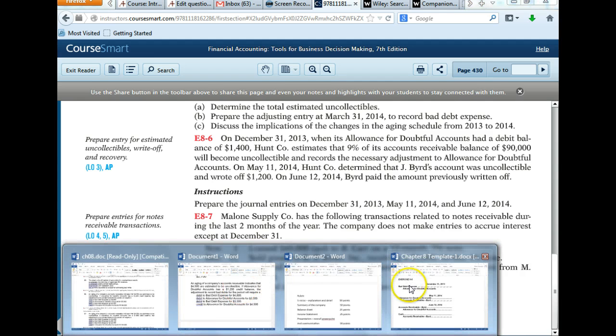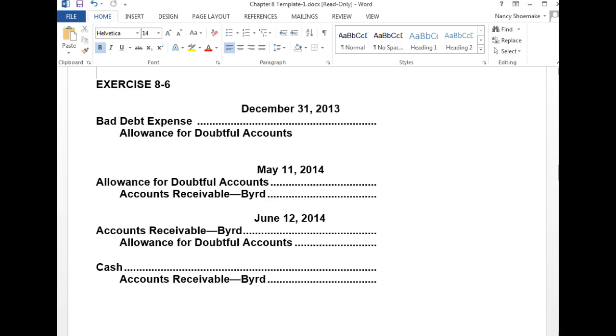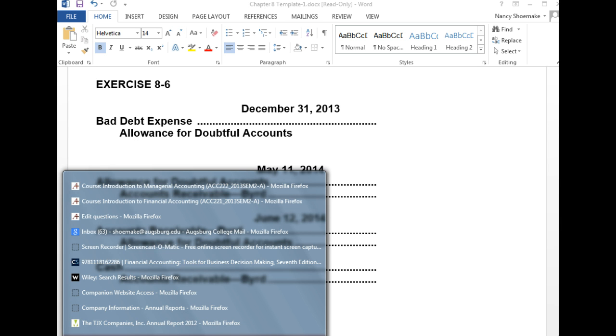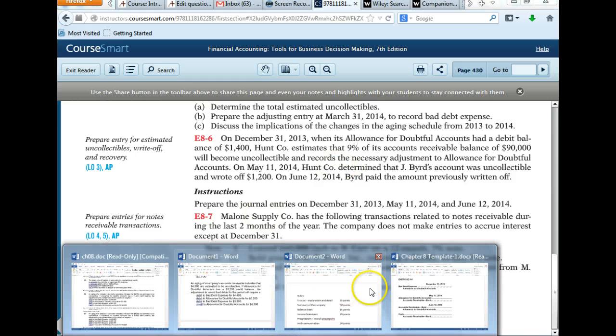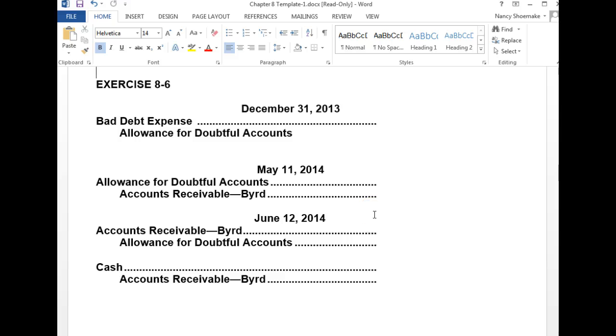So the first one, on December 31st, its allowance for doubtful accounts had a debit balance of $1,400. Hunt Company estimates that 9% of its accounts receivable balance of $90,000 will become uncollectible and records the necessary adjustment. So how are we going to handle this one?